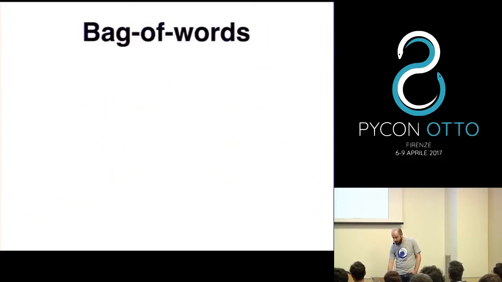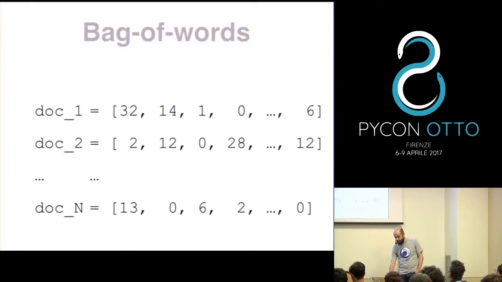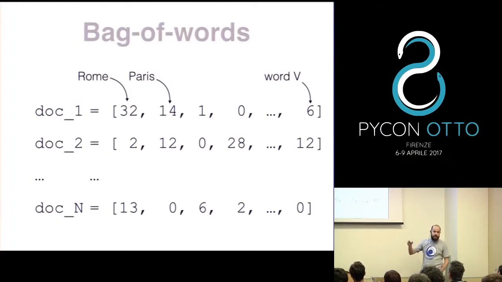And another one that I want to mention is the bag of words approach. That's used for documents. With a bag of words, documents are represented as vectors. So here you see a few documents, and also each dimension is representing a particular word.